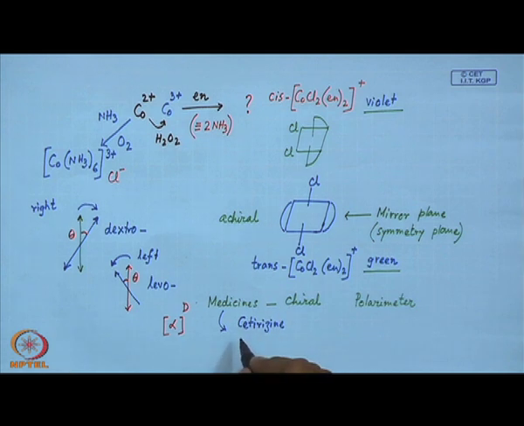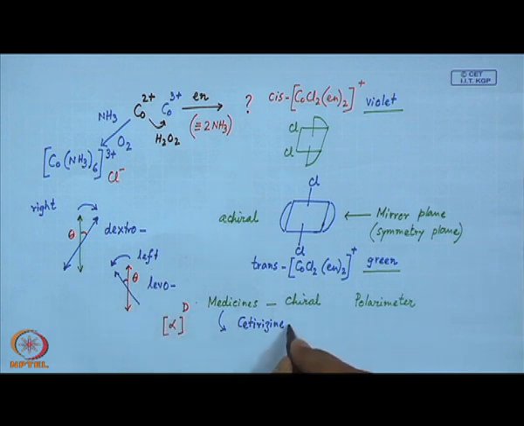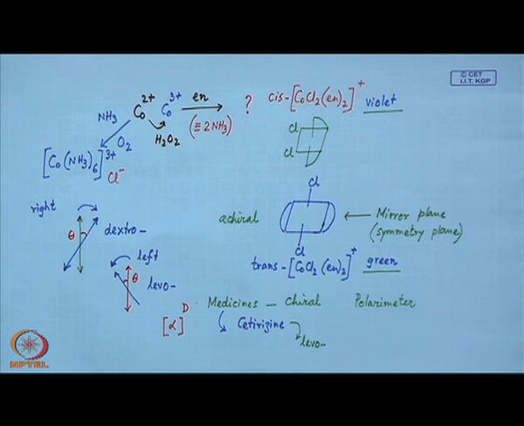Previously we did not know whether the dextro form or the levo form is useful. Now it is well known that the levo form is the active form, which is why levocetirizine is available in the market, labeled with the corresponding optical activity measurement, and we prescribe it as levocetirizine.